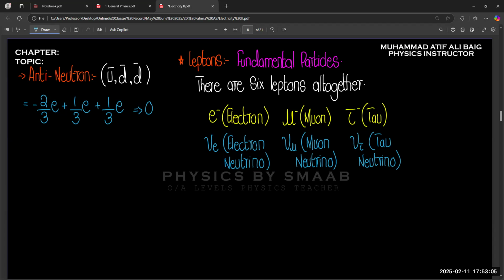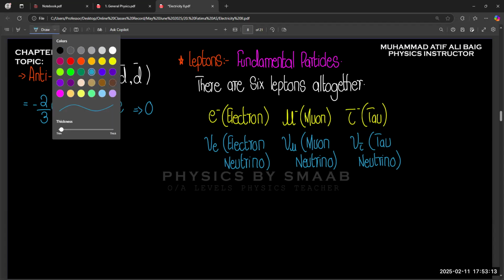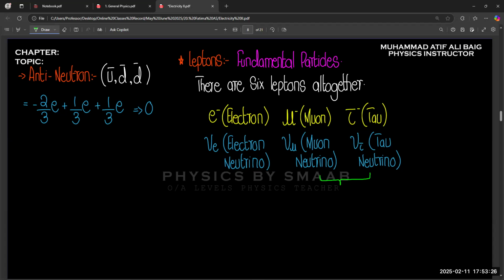So basically, if we talk about muon and tau, because we already know about electron, electron is an element that we already studied. But especially muon and tau are very similar to electron, but with slightly greater mass.